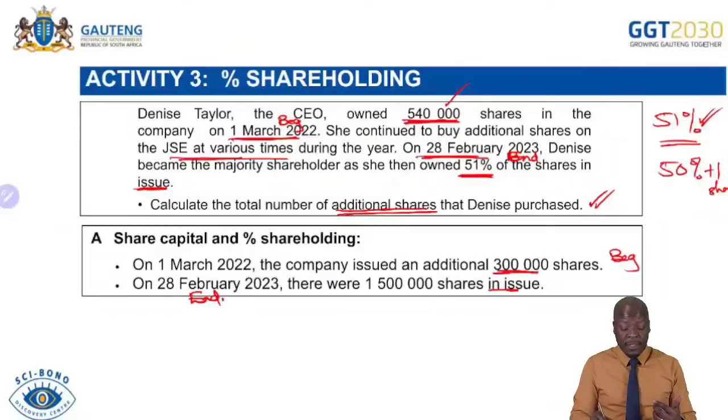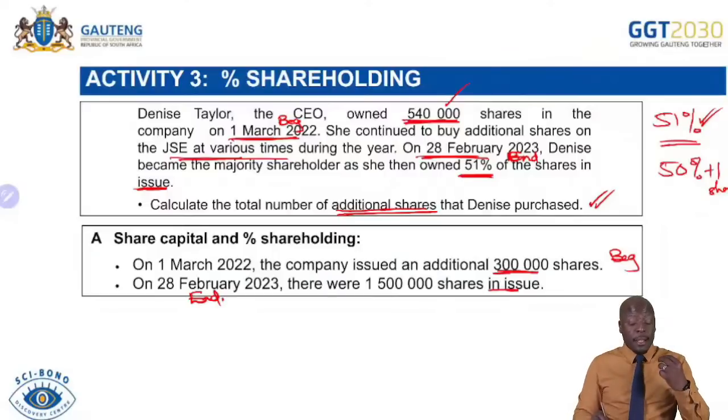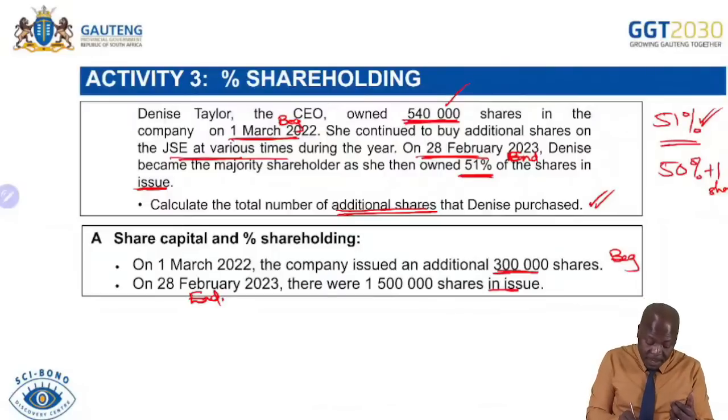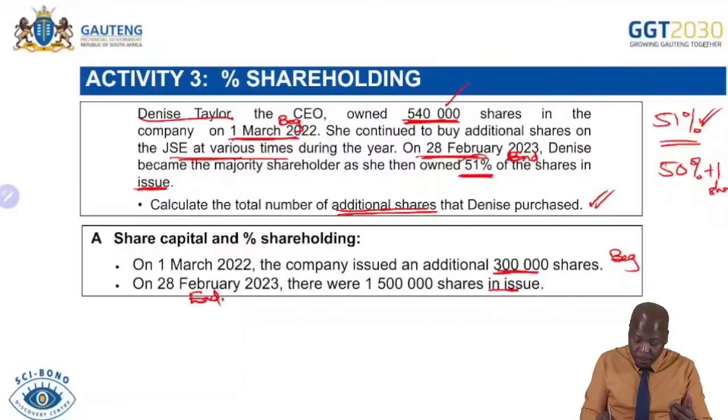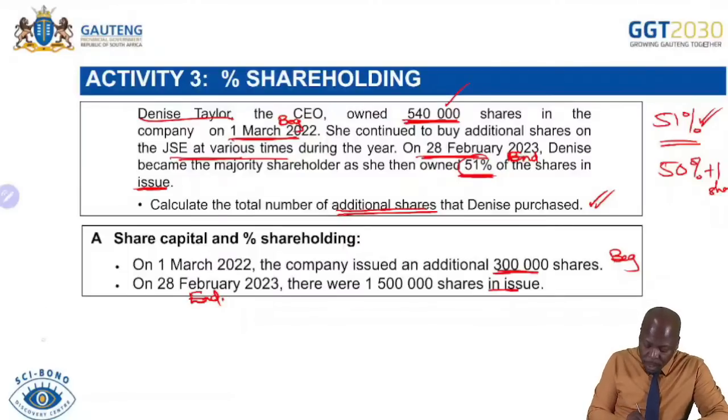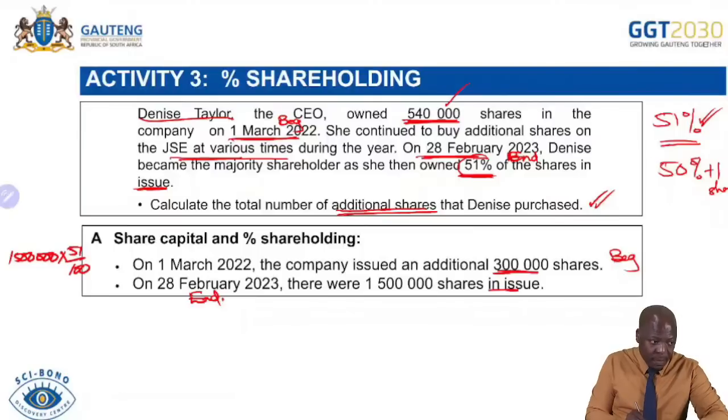So that simply means if the company has 1.5 million shares in issue, and this particular person, Denise, owns 51% of these shares, then of this 1.5 million shares, Denise is having 51%. So we're going to get 51% of that.